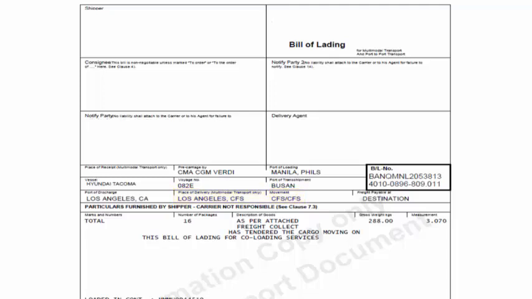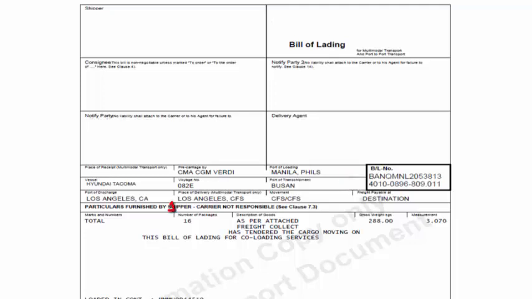Cargo in less than container load quantities was tendered to a CFS at origin, in this case in Manila. It was put into a consolidated container, shipped from Manila, transshipped over the port of Busan into Los Angeles, and comes into where? Another CFS, but this time in the U.S., a bonded container freight station to await customs clearance. Freight payable at destination. This is a collect freight charge.